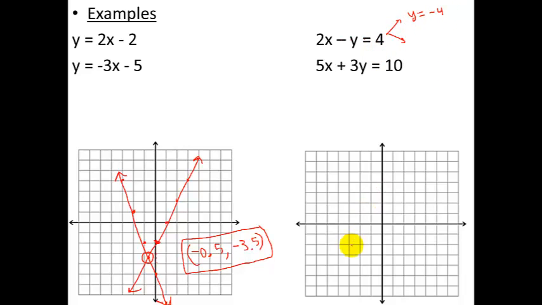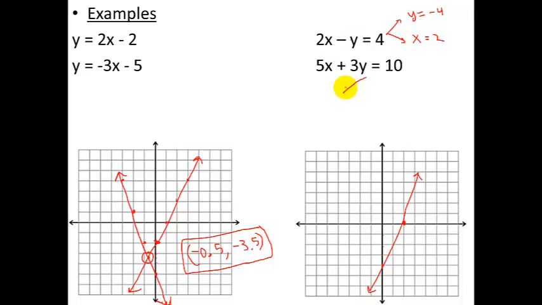That's my y-intercept, negative 4, 1, 2, 3, 4. Plot that point. Now imagine that the y is gone, this is gone. Then I just have 2x equals 4, divide by 2, divide by 2. X equals 2. So x equals 2 is my x-intercept. And I can draw a line straight through, as straight as I can, like that.